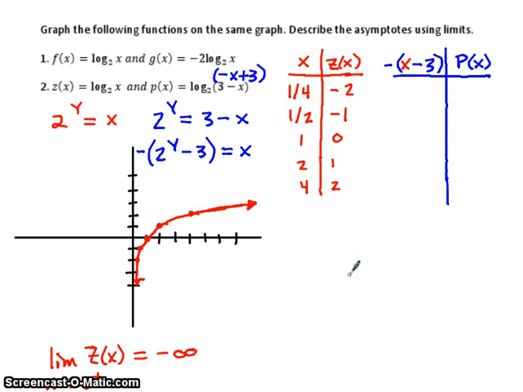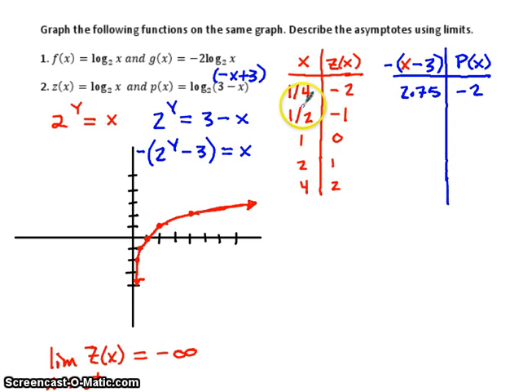So let's come up with some points that describe this. If I were to plug in 1/4 into this x spot, I would have 1/4 minus 3, which is negative 2.75. Times a negative gives me a positive 2.75. And we're going to keep that same y value.